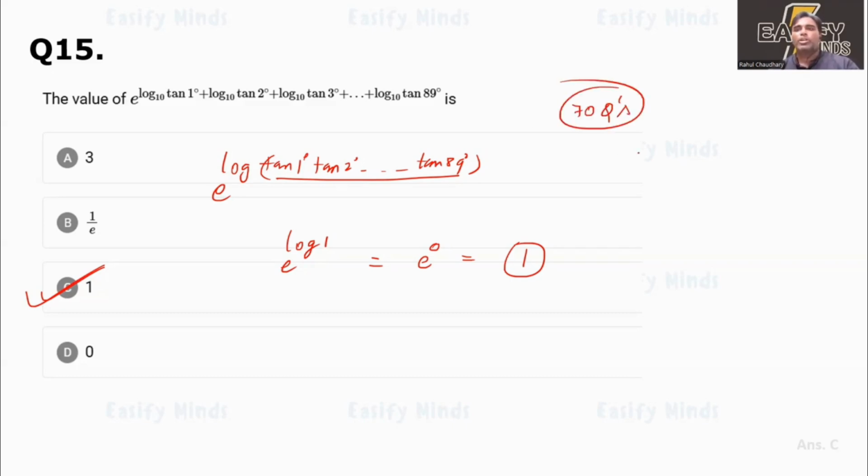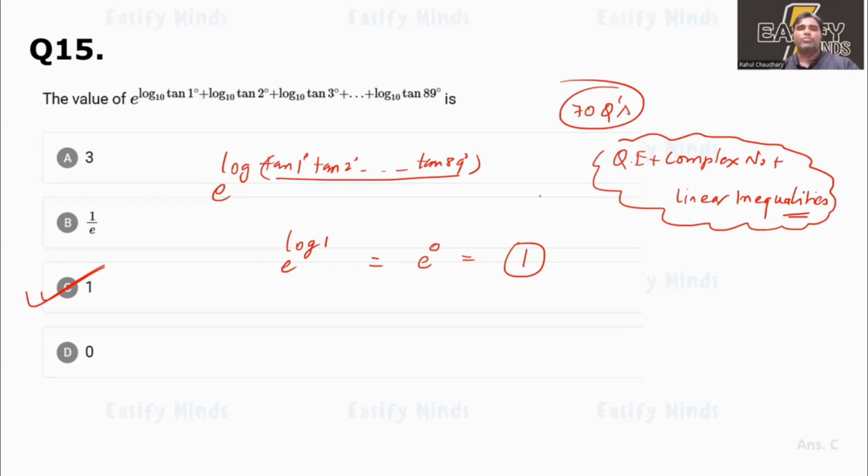Tomorrow topic will be quadratic equation, complex number, and linear inequalities. So 3 things I will cover tomorrow in one session. Today's work is for you to just try to revise all the important points, like the sum of roots, product of roots, quadratic formula, location of roots.